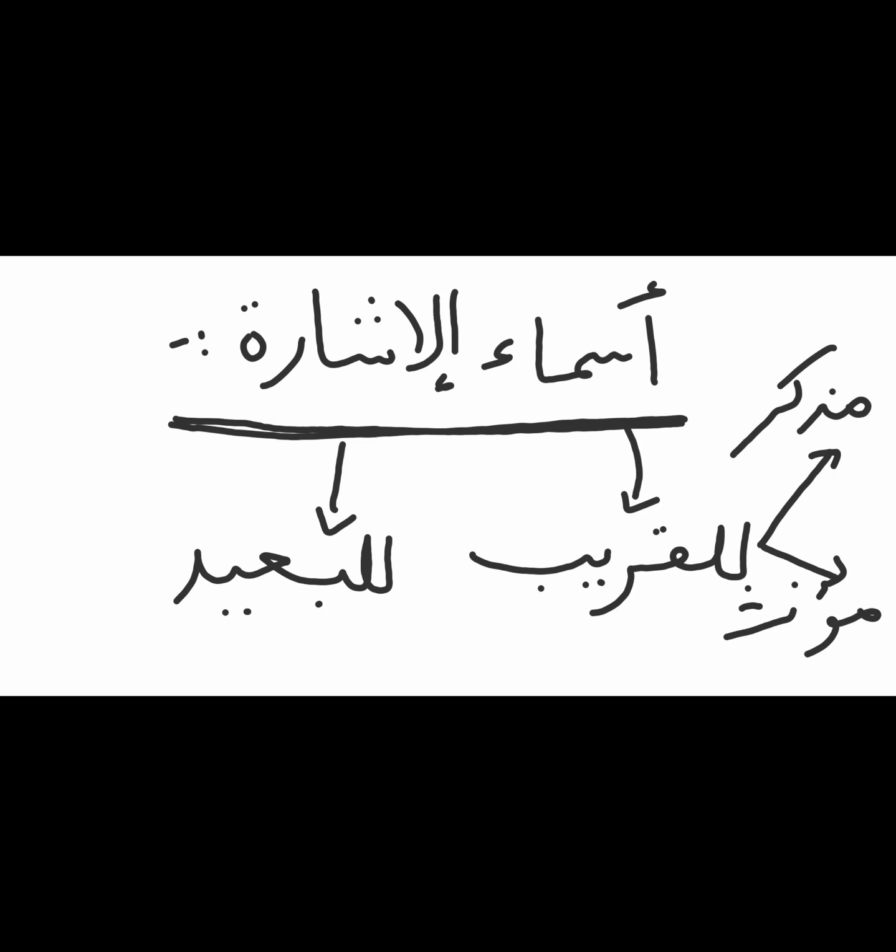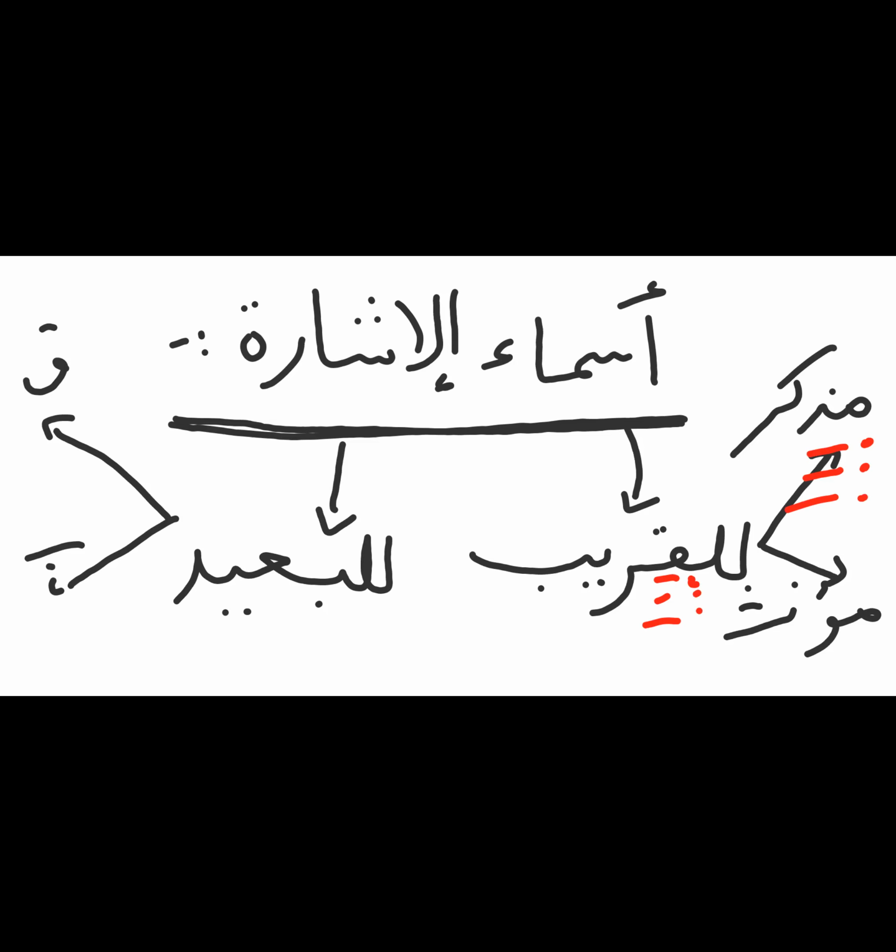We have to take care of the gender. طيب. Similarly in بعيد, either للقريب أو للبعيد. طيب. Then again, my dear students, each one of them is divided into three. Either it's singular or dual or plural. Similarly, مؤنث, either it's singular, dual or plural.